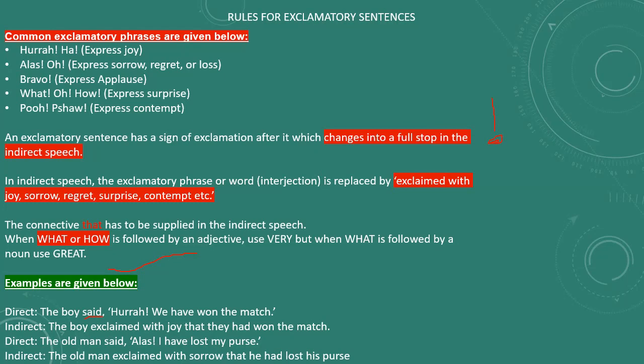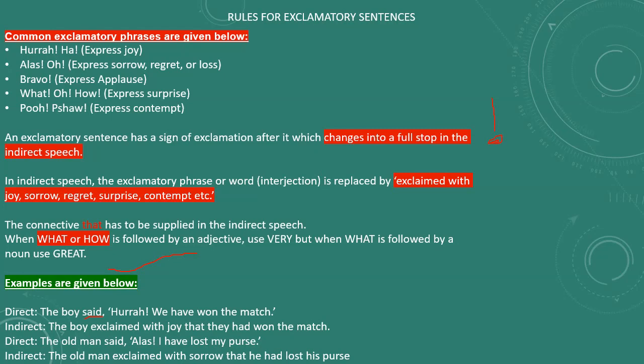The boy exclaimed with joy. The connector that will be used is that. We is the first person pronoun, so this will change into they had won the match. So the boy exclaimed with joy that they had won the match.